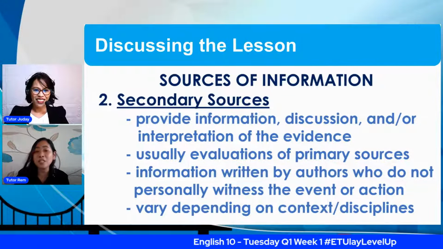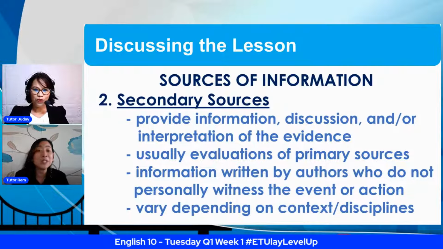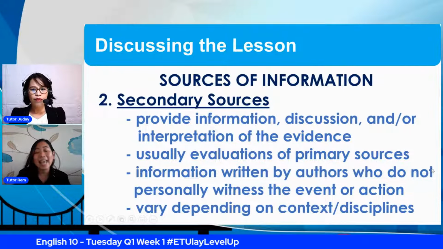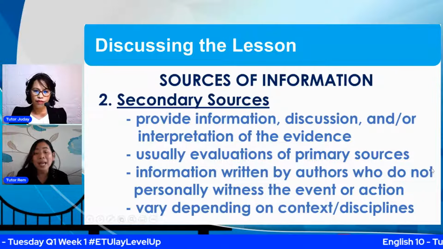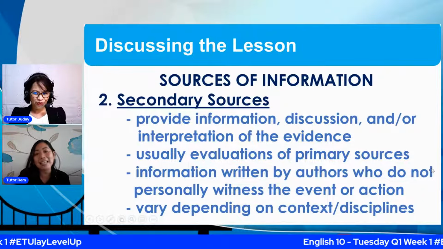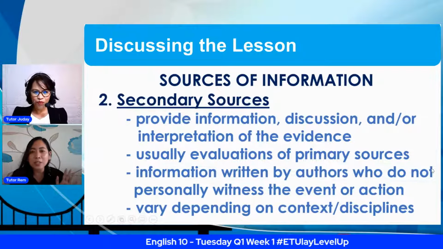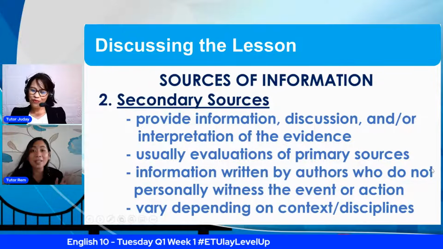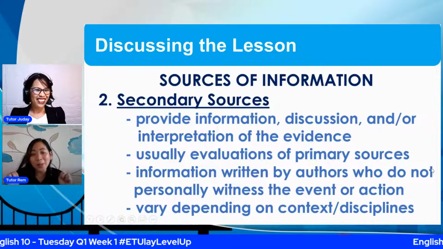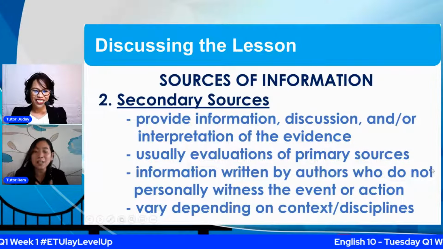They are information written by authors who do not personally witness the event or action, and these will vary depending on context and disciplines. So while the first one that was just discussed by Tutor Guide Jedi was the primary source, this one is the secondary.